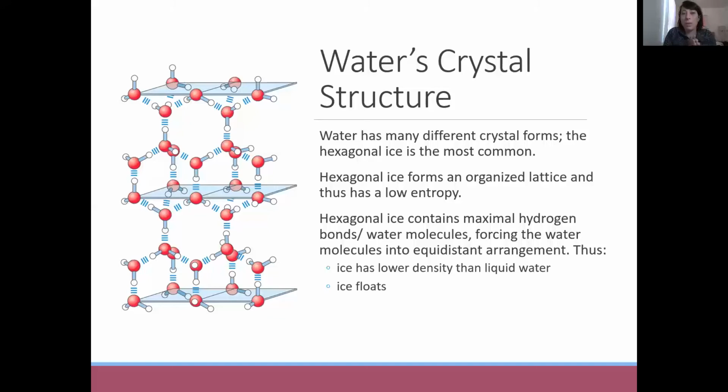Solids are usually more compacted than their liquid form. But because water is forced into this equidistant structure because of the hydrogen bonding, it actually causes it to be more pulled apart and less dense. And that is why ice floats on liquid water.